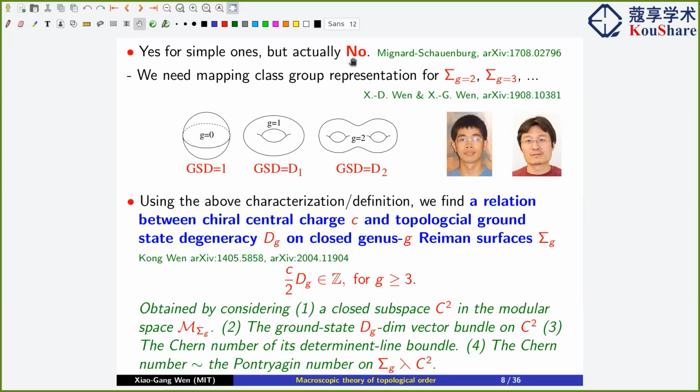Unfortunately, it's not enough, because we only consider a torus; we have to consider higher genus Riemann surfaces. There's a similar thing to the ST matrix for higher genus Riemann surfaces. The ST matrix is only for genus g equal to 1, the genus 1 Riemann surface. And we have to consider the more general mapping class group. Maybe that's enough, we still don't know, that's still a conjecture. But at least we know that if you only consider the torus, it's not enough.